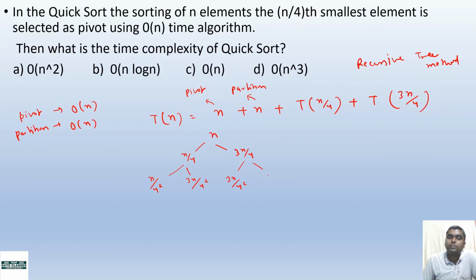So it is 3 square n by 4 square. Okay, so which leaves will go to a maximum? So this is dividing by 4, and this is dividing by 4 by 3.